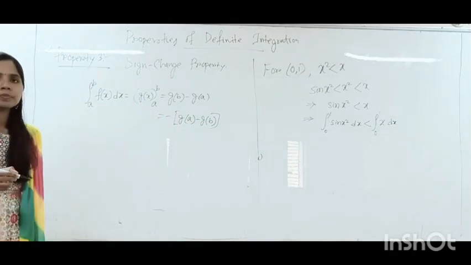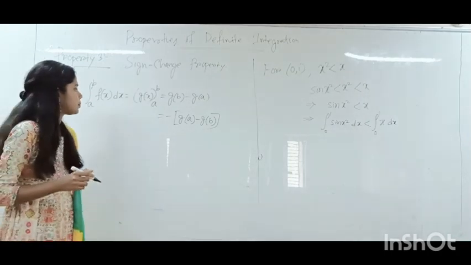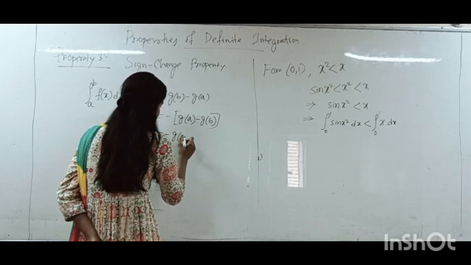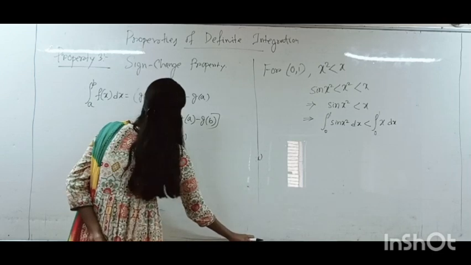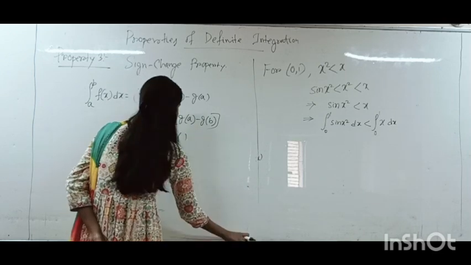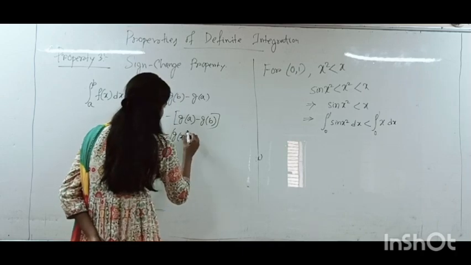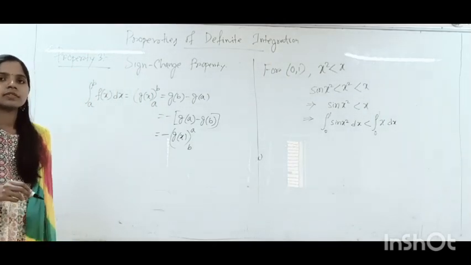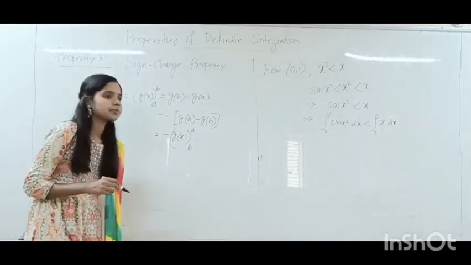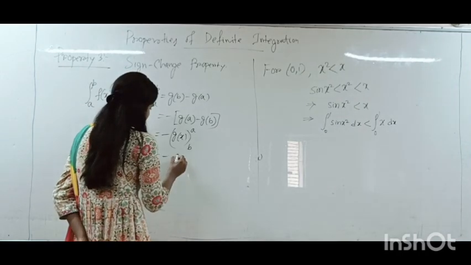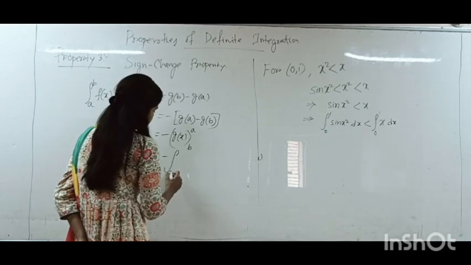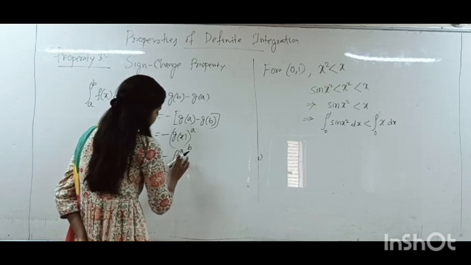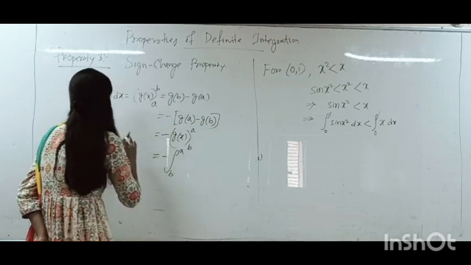Is it okay? Now we can write it as minus g(x) from b to a, where g(x) is the integral of f(x).